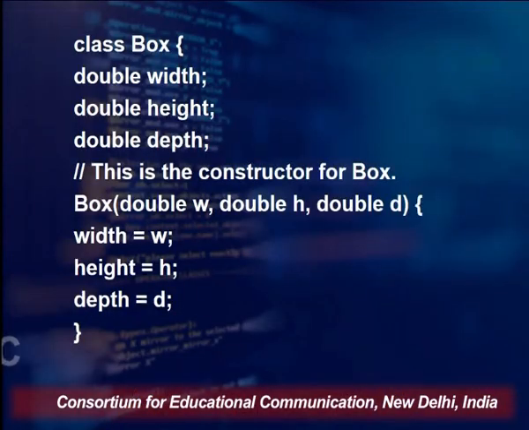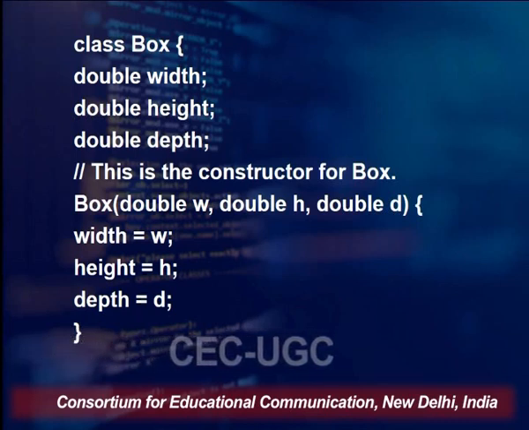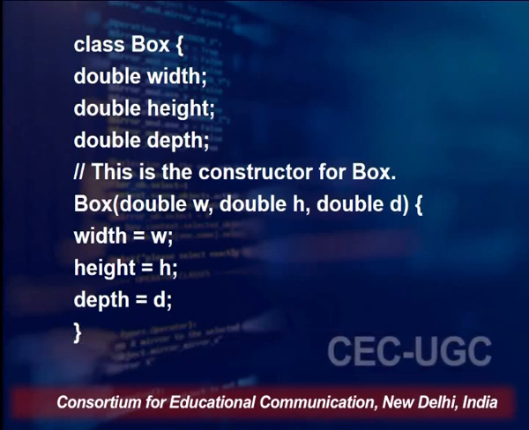Now when we talk about constructor overloading: we have seen that constructors are special methods which do not have any return type, not even void, and they are called when the creation of the object happens. We are very familiar with the program which has a class Box with 3 instance variables, width, height and depth.